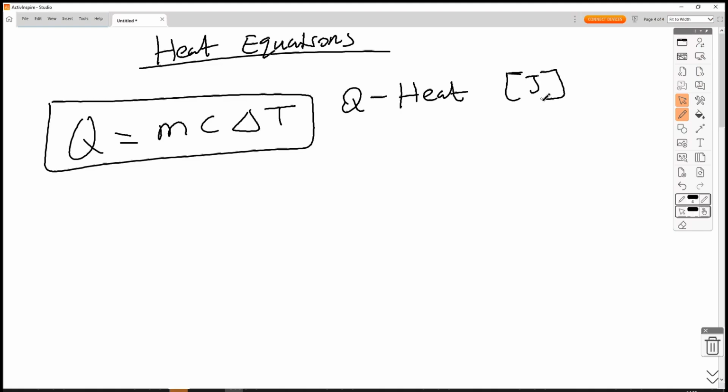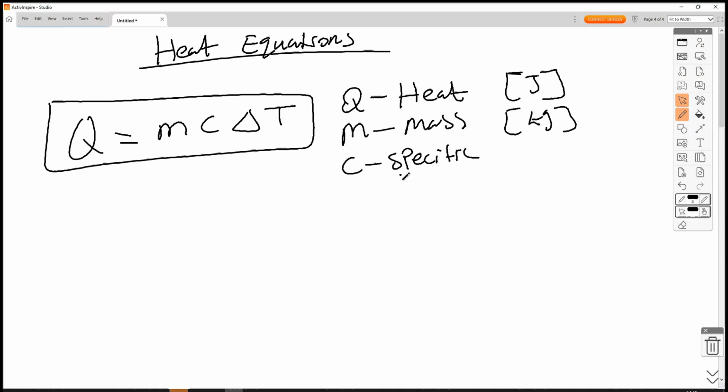If you get a negative value for heat, it means the system is losing heat. It's giving heat to something else. So that when that happens, the temperature goes down. Or you're losing matter. M is the mass measured in kilograms. C is the specific heat capacity. And the units for this are going to change from what they were at GCSEs.